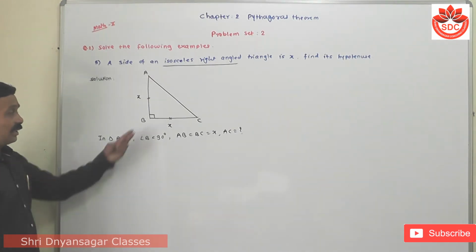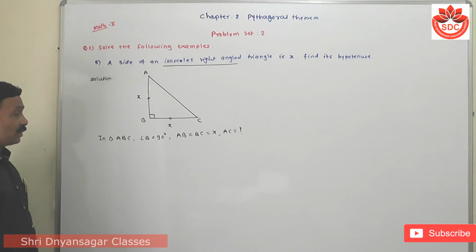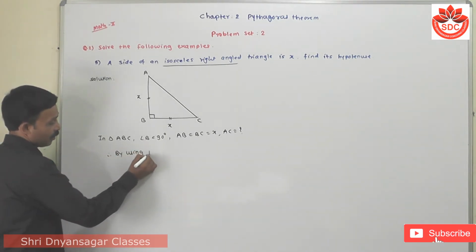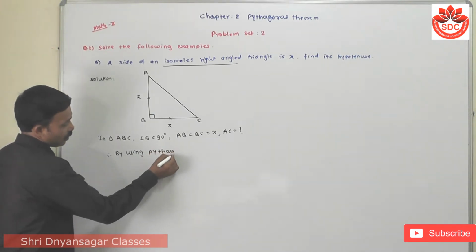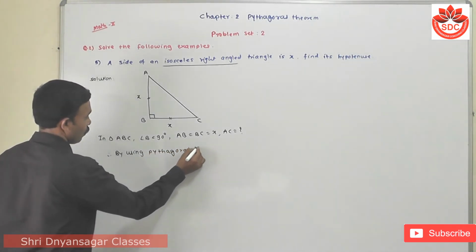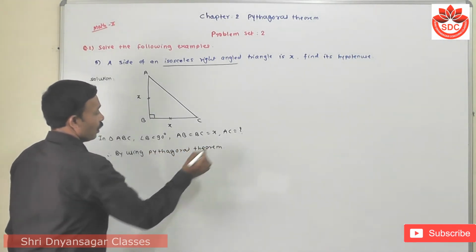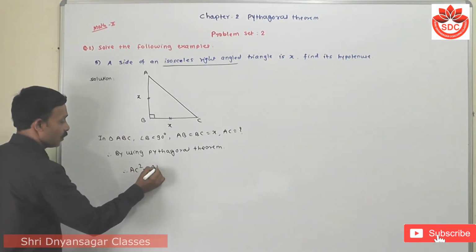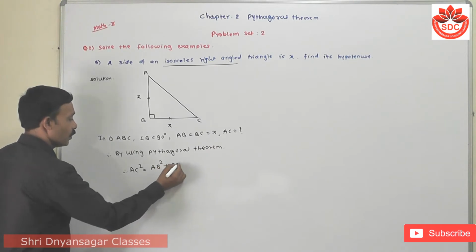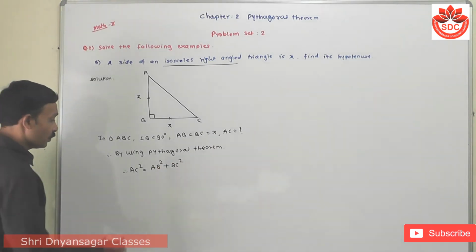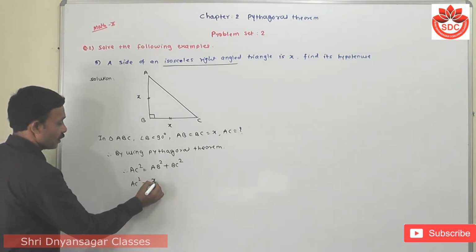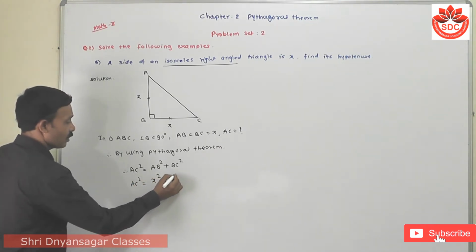Here is a right angle triangle, so we use Pythagoras theorem. Now the hypotenuse is AC, that means AC square is equal to AB square plus BC square. Substitute the values. AB is x square plus BC is also x square.